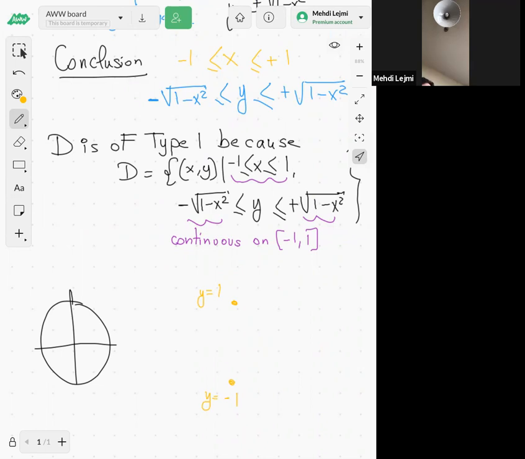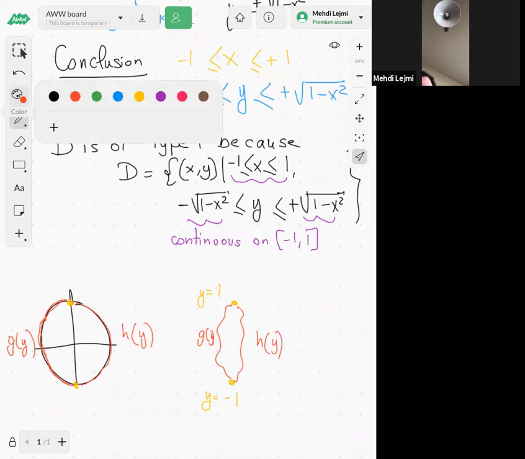I have this point in the top and this point in the bottom, and I'm going to connect them using the graphs of two functions, g of y here and h of y here. The interior would be my region D.